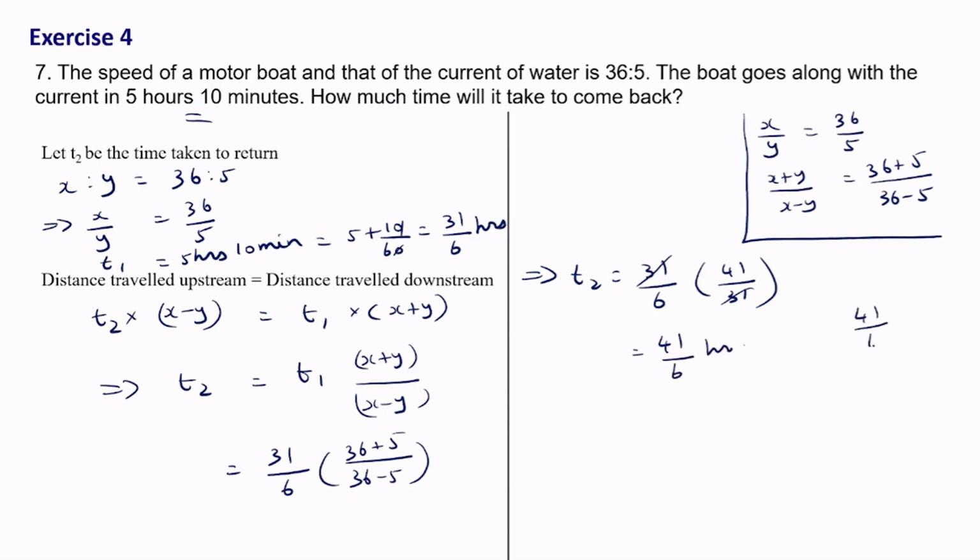Now this 41 by 6 is nothing but 6 and 5 by 6 hours. Now this 5 by 6 is 5 by 6 into 60 minutes, so it is 50 minutes. So this is 6 hours, 50 minutes.